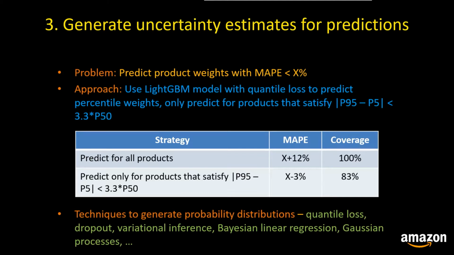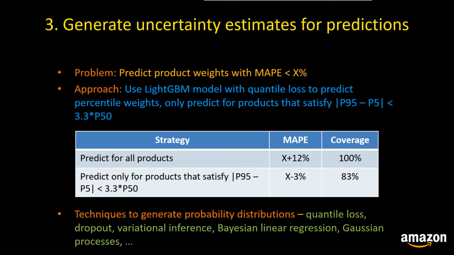So there are many applications of it. However, these weight measurements are often erroneous due to errors in in-house measurements, as well as sellers entering inaccurate information while listing products. So the business objective here is to predict product weights with error less than X%.